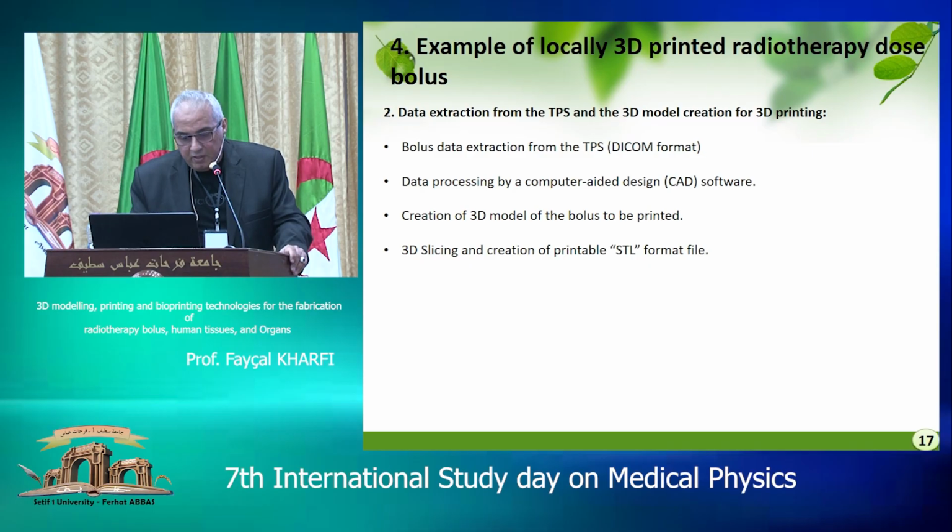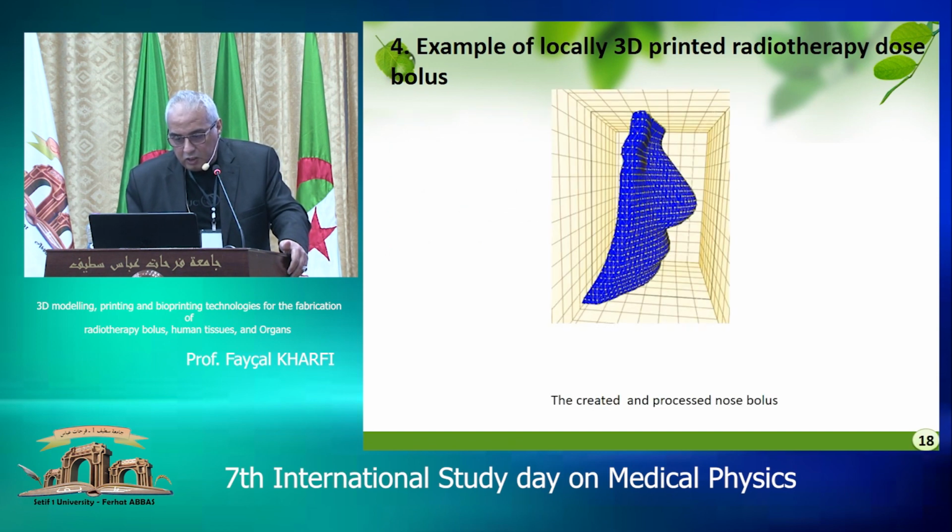The third step is the creation of the 3D model of the bolus to be printed, and the last step is the 3D slicing and creation of a printable STL format, ready to be printed. Here I just show you the model created for the nose bolus.